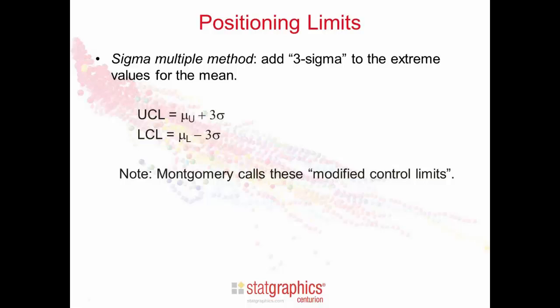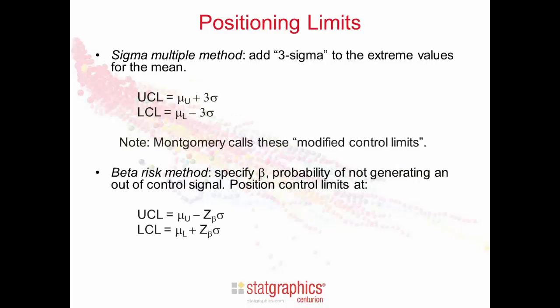A second possible way to do it, and you'll see this option, is to use what's called the beta risk method. In the beta risk method, you start by specifying the beta risk. Beta is the probability of not generating an out-of-control signal when you should. Normally, if you're doing a standard plus or minus 3 sigma, you're controlling what we call the alpha risk. You're controlling the false alarm probability at about 0.3%.